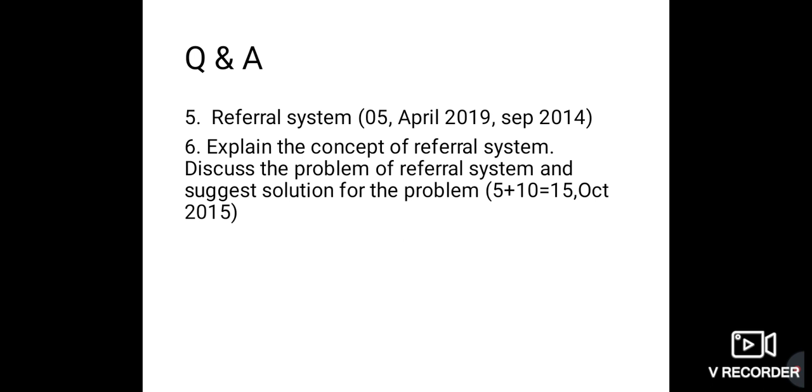Here, referral system is also commonly studied, but in October 2005 the university asked one question: explain the concept of referral system, discuss the problems of referral system in India and suggest solutions for those problems. So not only the referral system, but what problems we are facing in India regarding referral and how we can solve them.